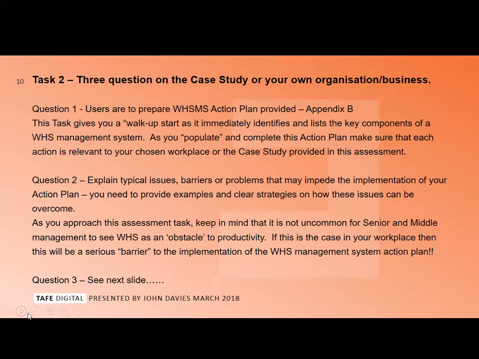It's important that you address each of those headings: the current situation, the required action, and the person responsible. Here it's important that we put a name to that position, and that must be a management person taking that responsibility.